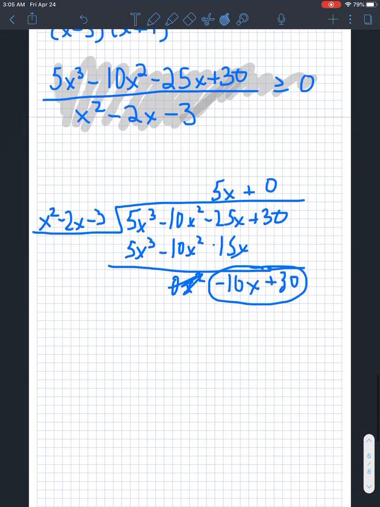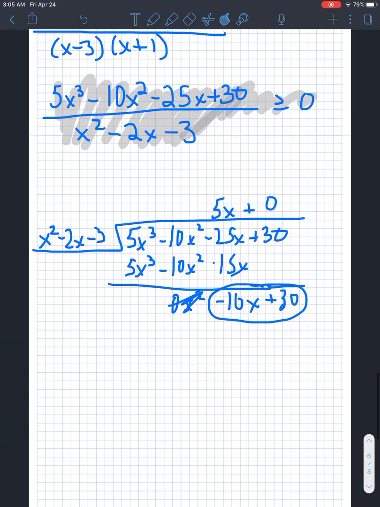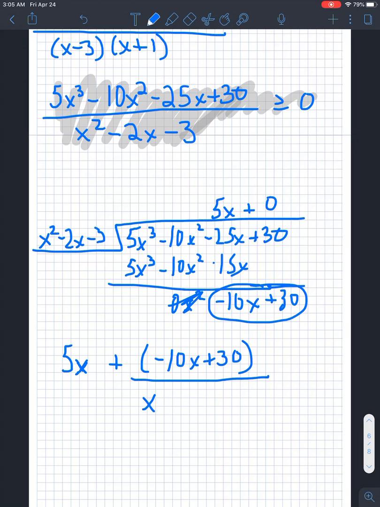So we can say that this is the same as 5x plus (negative 10x plus 30) over (x squared minus 2x minus 3), greater or equal to 0.